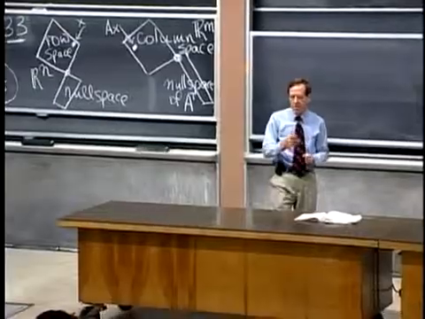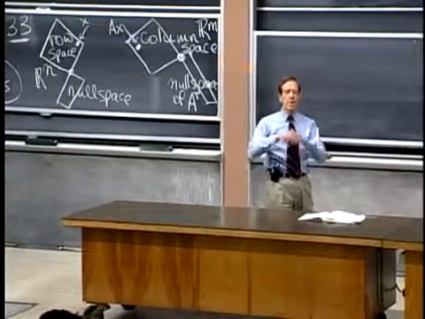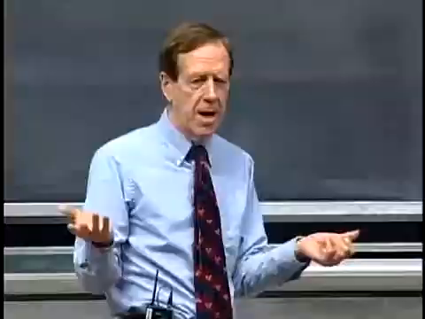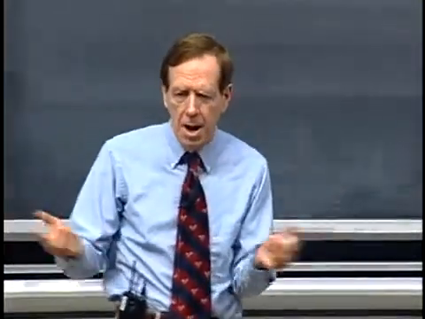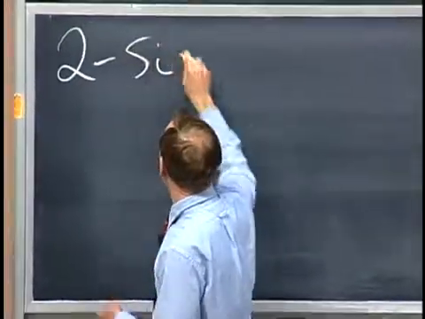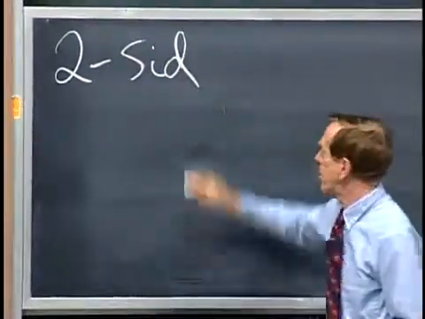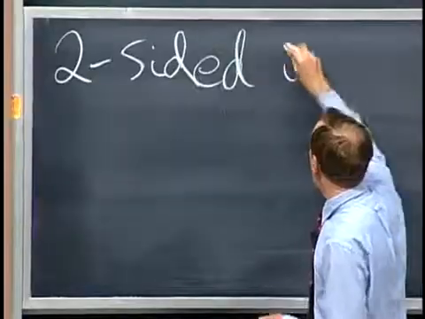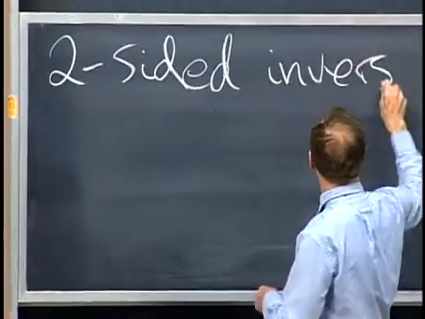So first of all, when does a matrix have just a perfect inverse, a two-sided inverse, which is what we just call the inverse?